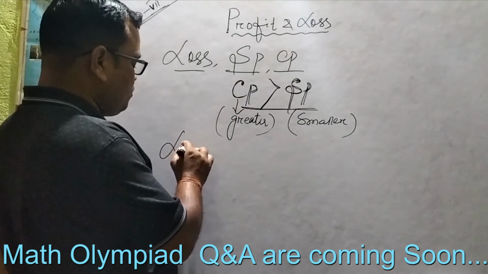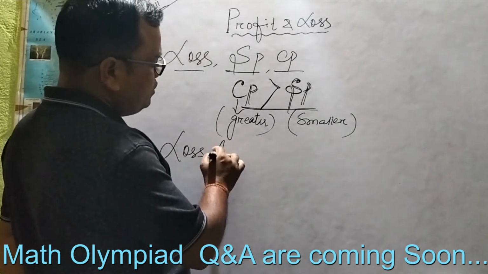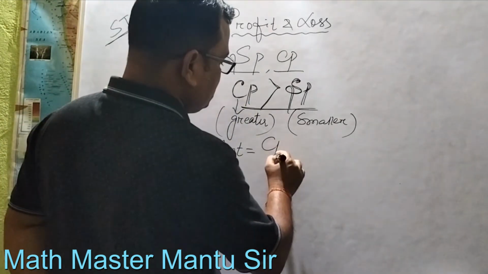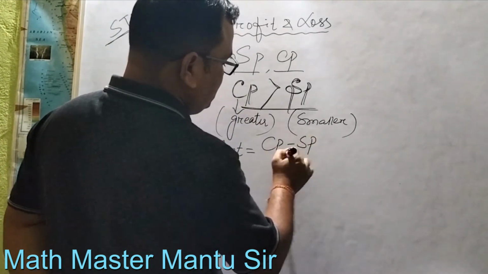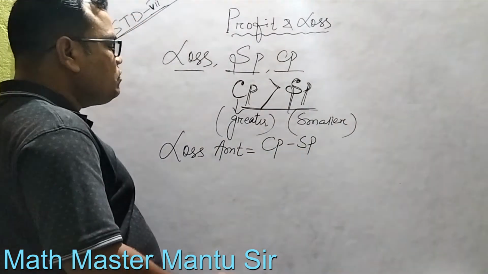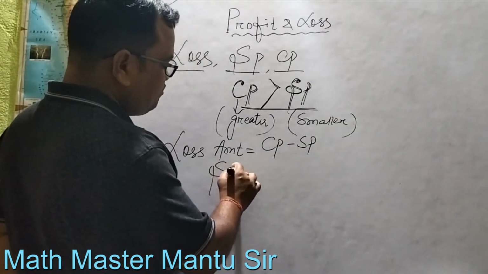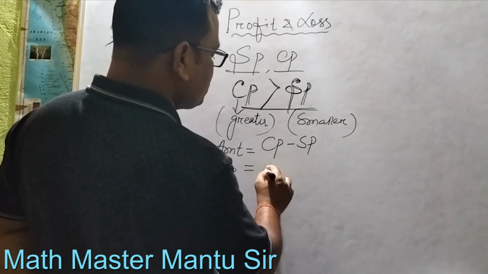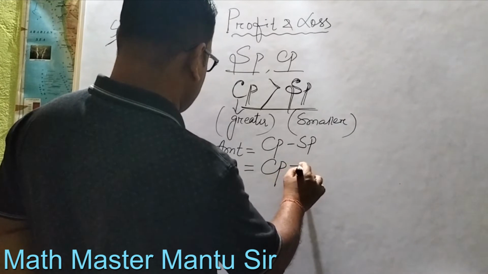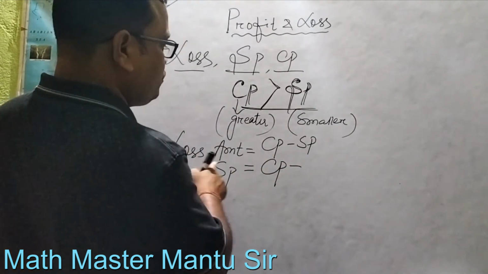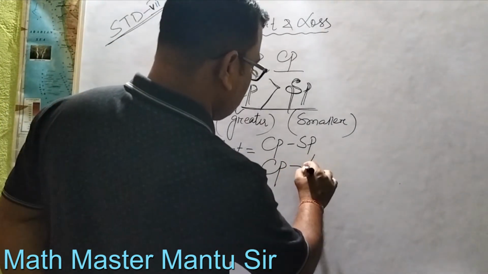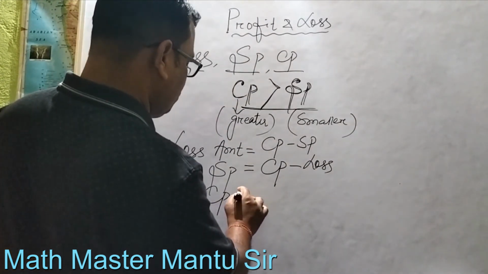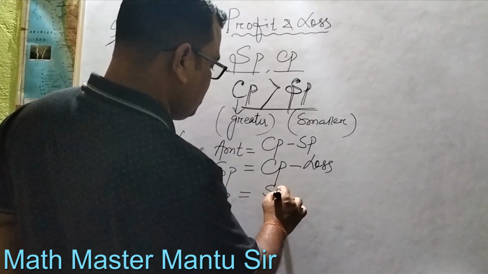So the loss amount: which is greater? CP is greater. So CP minus SP, greater minus smaller. Selling price would be cost price minus loss. Then CP, this is the greater amount, you have to add: SP plus loss.